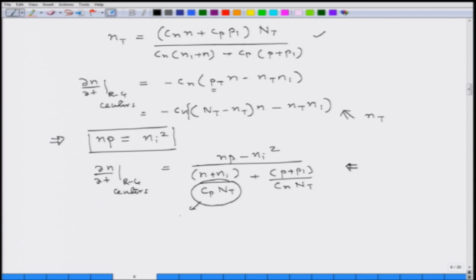This we are going to define as 1 over tau_p. What is tau_p? Tau_p is nothing but the minority carrier lifetime.